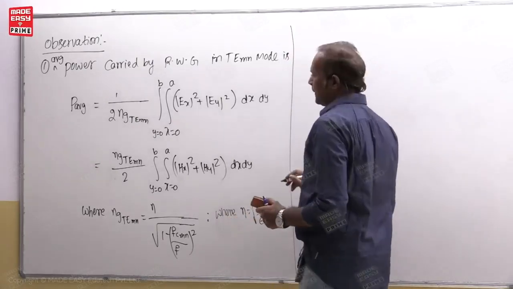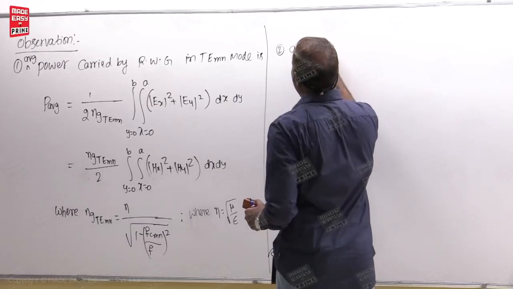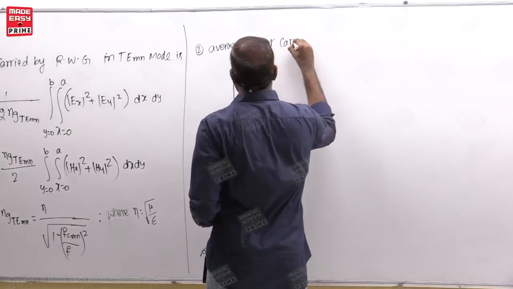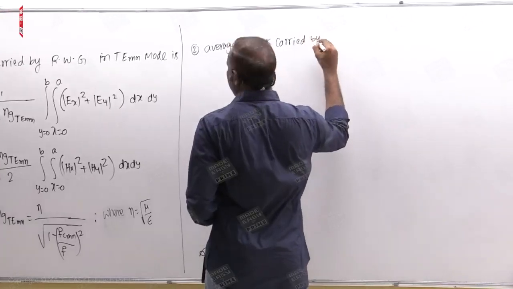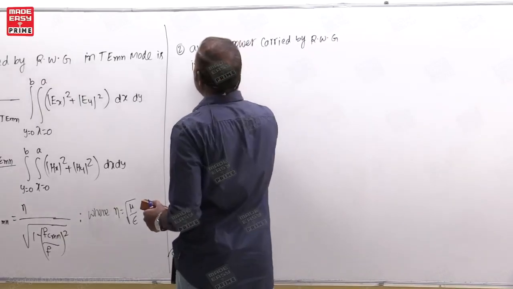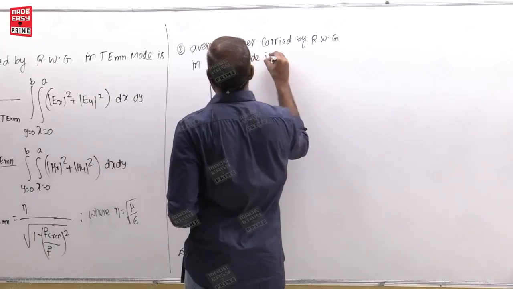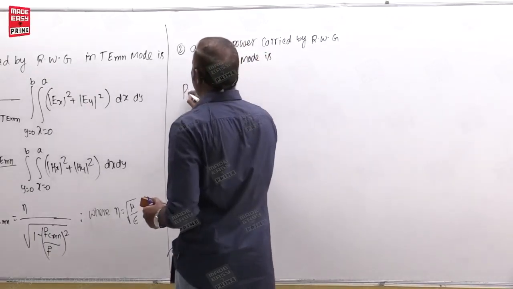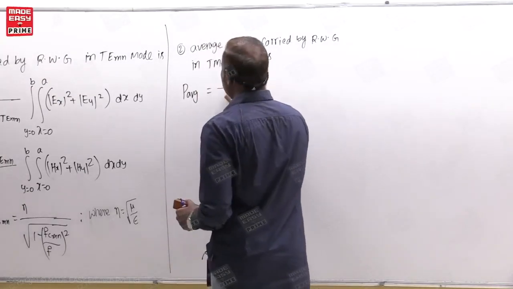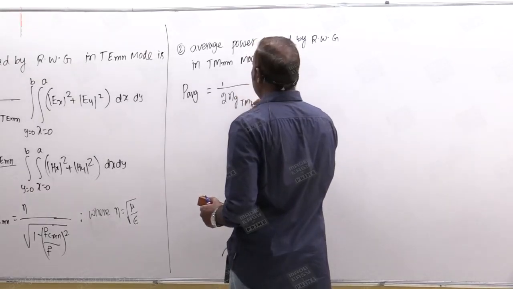Okay, right. Now second one, average power carried by a rectangular waveguide in TMmn mode is P average equal to 1 by 2 eta g TMmn.